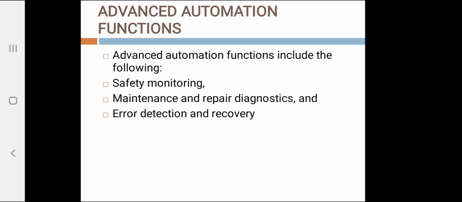Advanced automation functions include safety monitoring, maintenance and repair diagnostics, and error detection and recovery. The advanced automation functions are made possible by special subroutines included in the program of instructions.